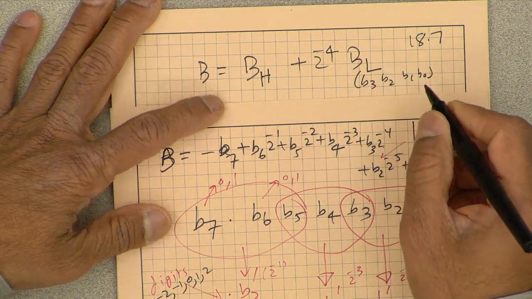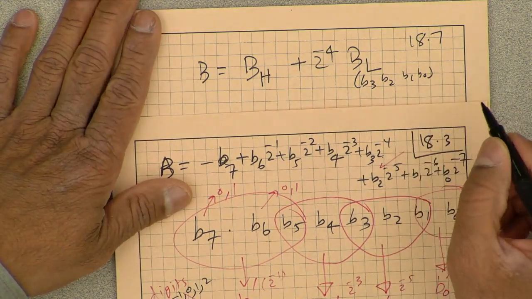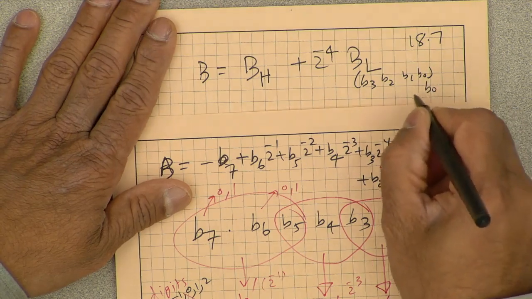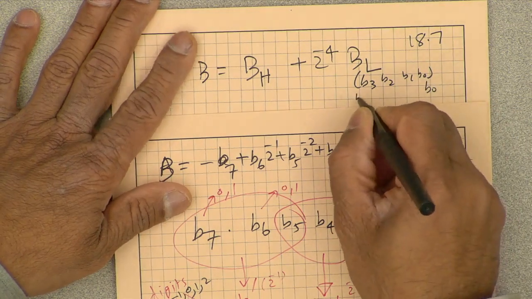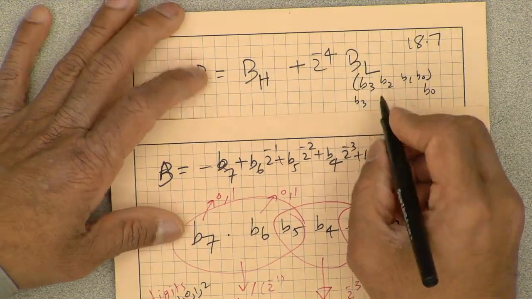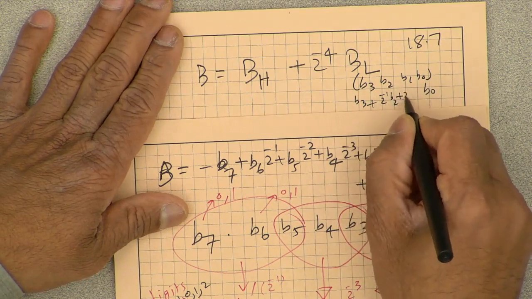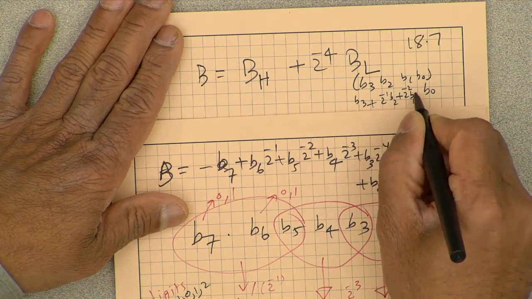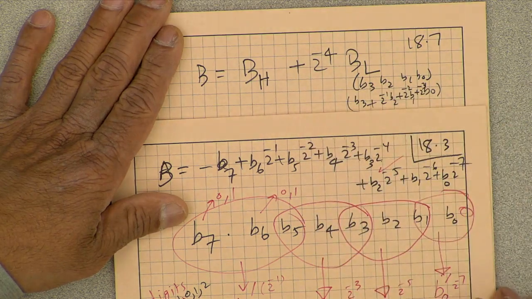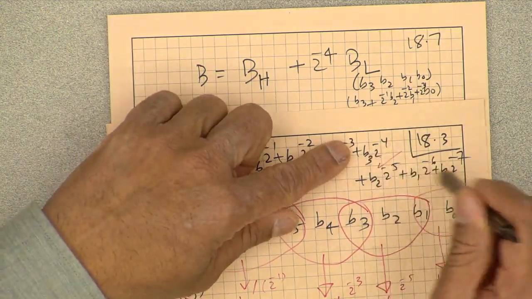So that value would be b3 plus 2 to the power minus 1 times b2, plus 2 to the power minus 2 times b1, plus 2 to the power minus 3 times b0, and that times 2 to the power minus 4 would be the second part.